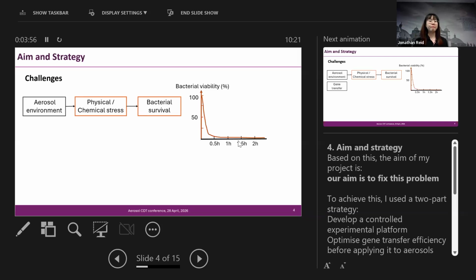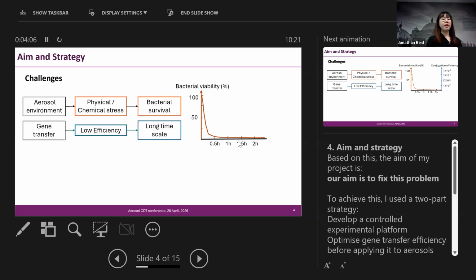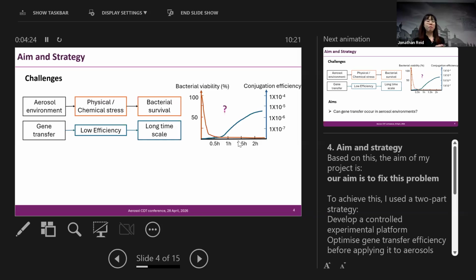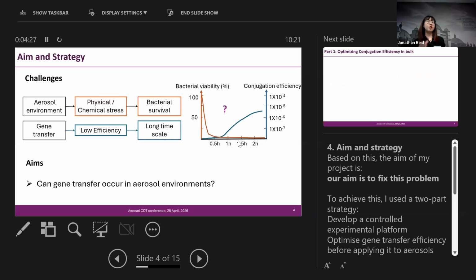That is a very tough problem. Also, gene transfer itself is a very rare event because it has very low efficiency and needs even more than 2 hours to happen. The conjugation efficiency is only about 10 to the minus 6 or 10 to the minus 5. It's quite low. So this is a problem we want to fix, and our aim is to see if gene transfer can occur in the aerosol environment.